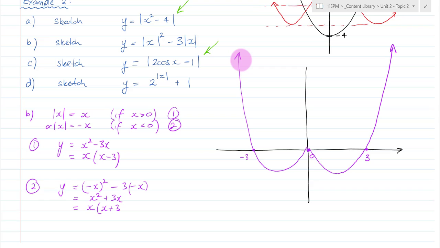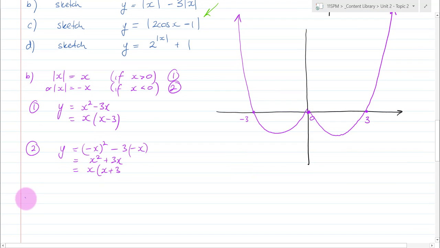And so the other one, which I'll do in blue, which is D, is sketch y equals 2 to the power of modulus of x plus 1. The modulus of x equals x if x is greater than or equal to 0, and the modulus of x equals negative x if x is less than 0.